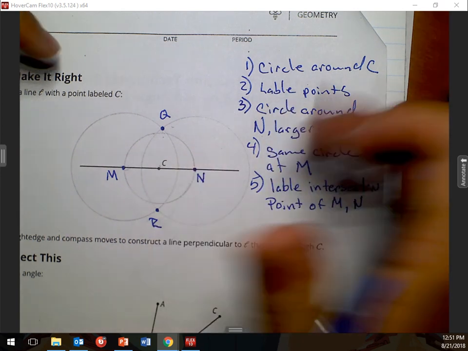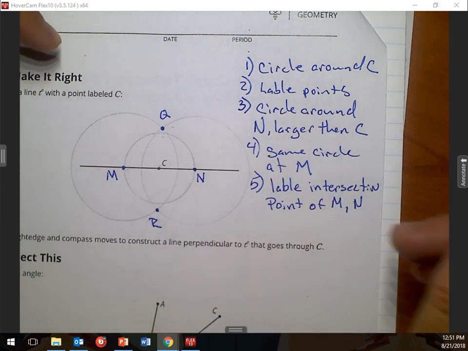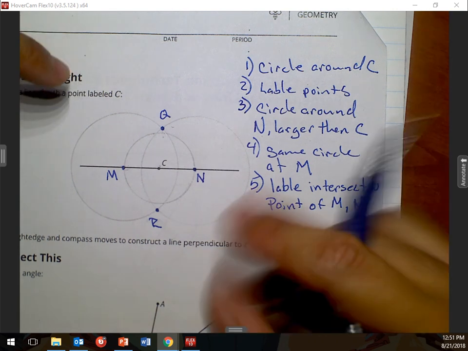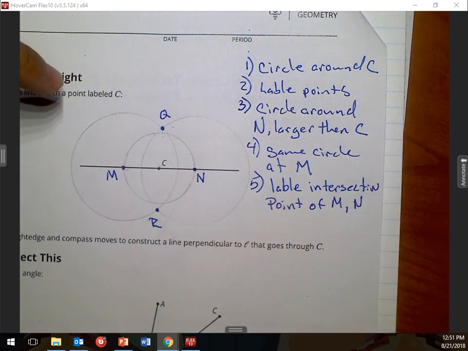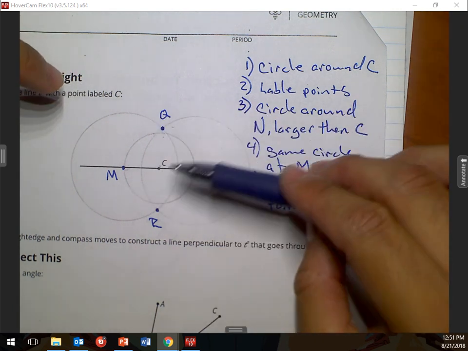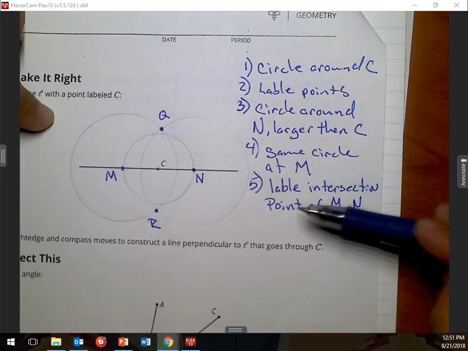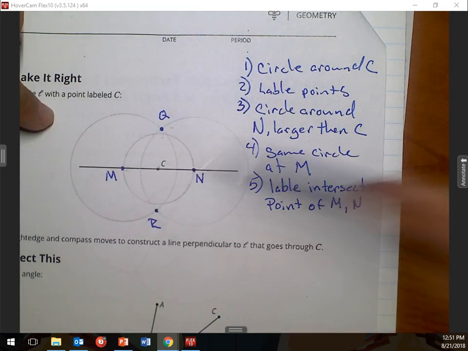So it doesn't always have to be A, B, C, D, E, F. When you actually get to the point of doing this yourself, you're going to have to label this yourself anyway. So the labels really don't matter what you call them as long as they are labeled.